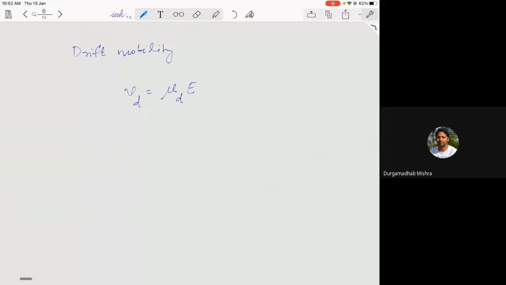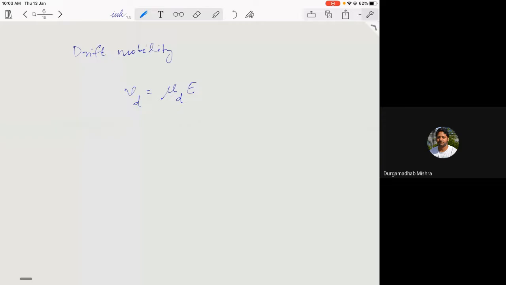However, when you apply an electric field, there will be a net displacement of the electrons opposite to the applied field direction, and that is what is known as drift. Due to that, you will have an electric current.